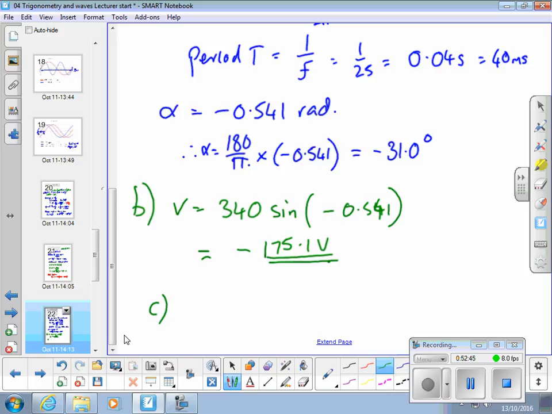So we've got to do V equals 340 times the sine of, open the brackets, 50 pi times 0.01 for the 10 milliseconds minus the angle 0.541 radians. Again, plug that into the calculator. Shouldn't have any problems at all getting the answer.